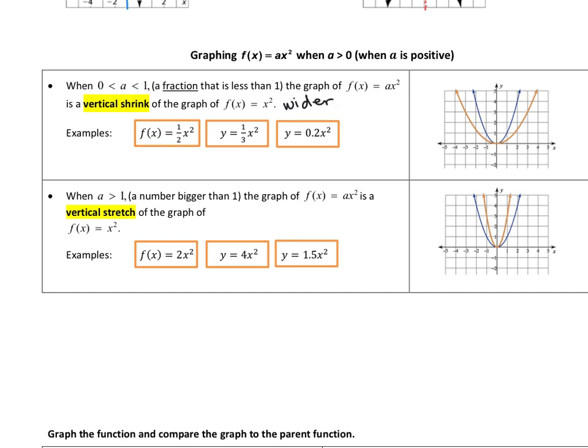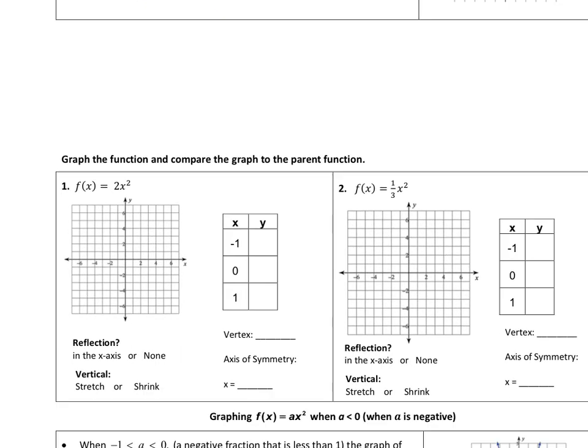Examples of that are f of x equals 1/2 x squared, y equals 1/3 x squared, and y equals 0.2 x squared. Then a vertical stretch is when your graph gets skinnier. Examples of that are f of x equals 2x squared, y equals 4x squared, and y equals 1.5 x squared.